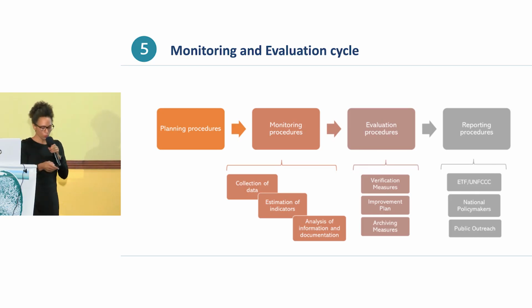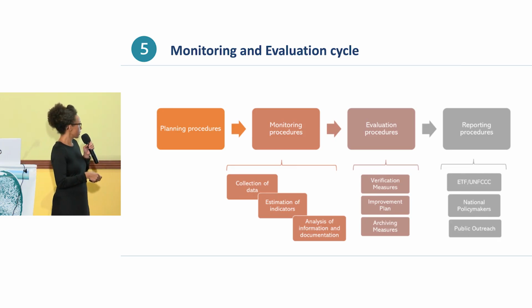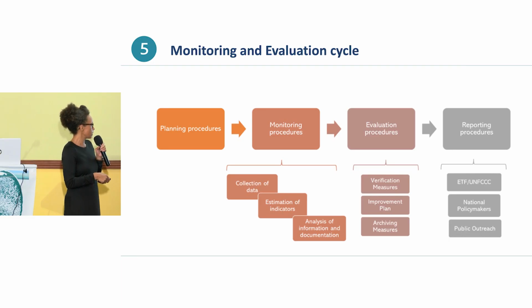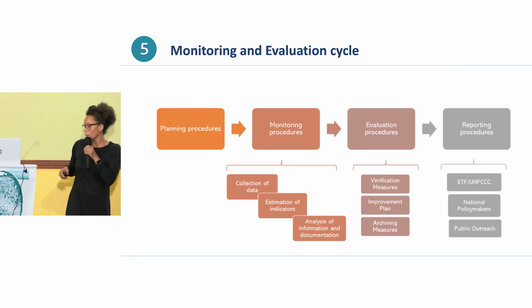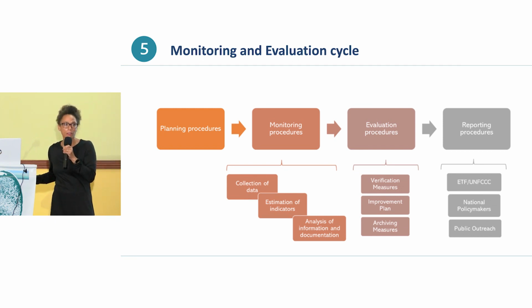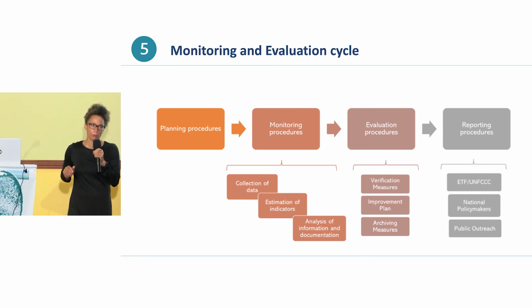The cycle includes the planning procedures, the monitoring procedures, the collection of data, obviously, but also the storage of data, the estimation of indicators, and the analysis and documentation, very important. This documentation of information is particularly important, so that we make the data accessible for communities.